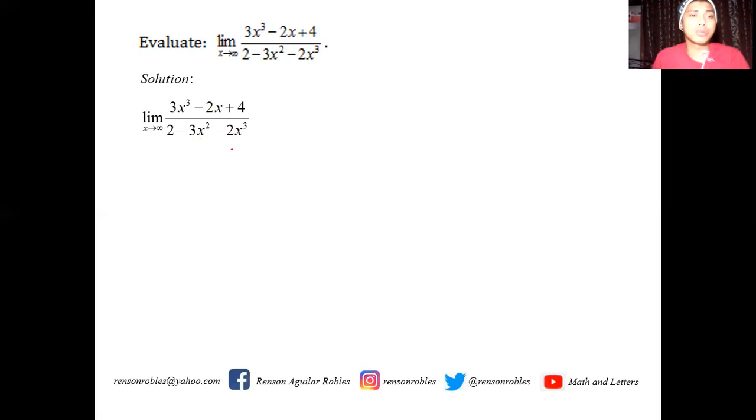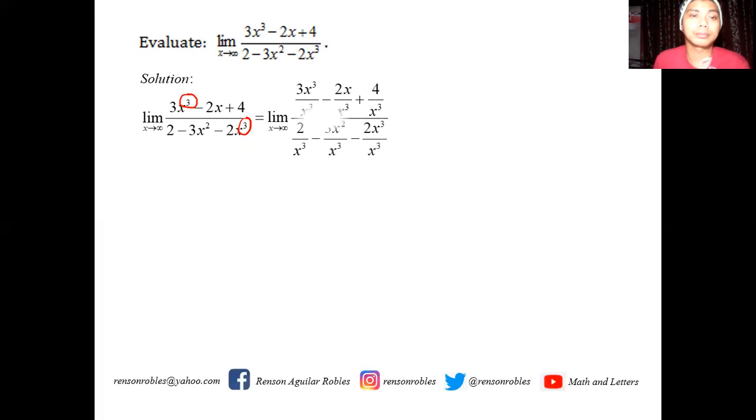So what we will do is take into consideration the highest powers in both the numerator and denominator. In this case, we have the third power. So we will be dividing each term in the numerator and denominator by x cubed, since x cubed is the term containing the highest power.